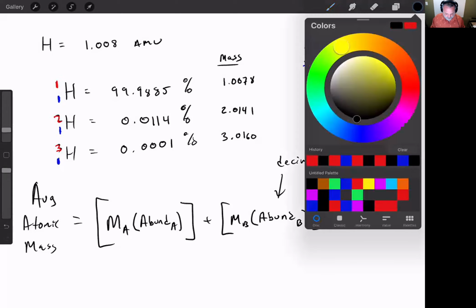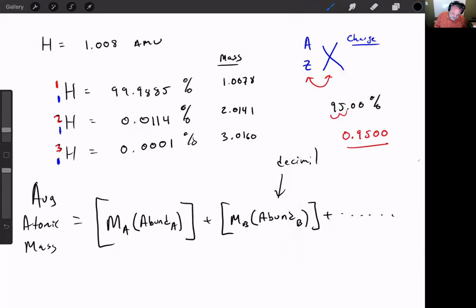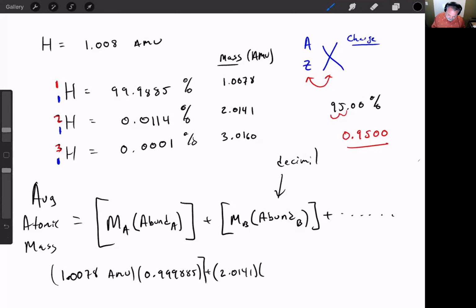So let's do this calculation real quick. I've got the mass for the first component. It's 1.0078 AMU times its abundance, 0.999885, plus the mass of the second one, 2.0141, times the abundance here, which is 0.000114.